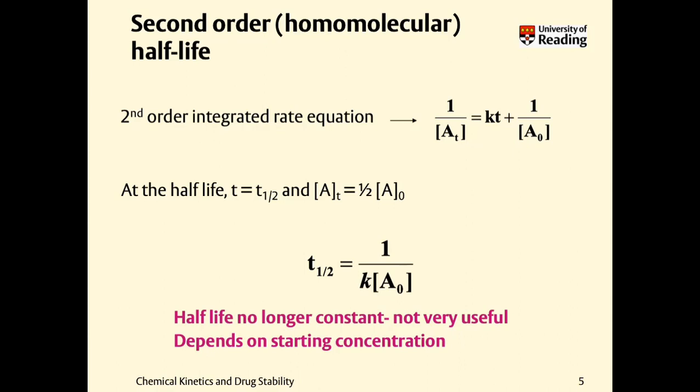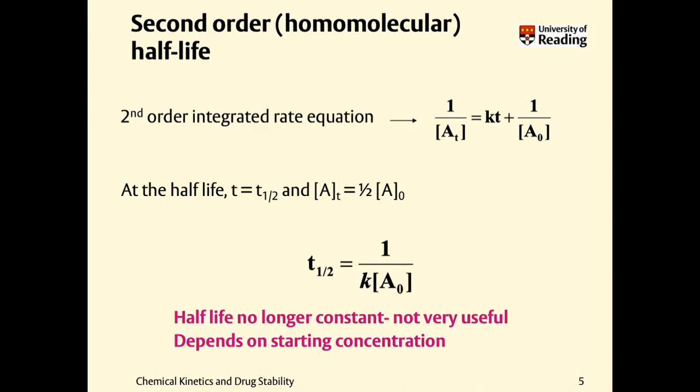If you take this equation and you say that at the half-life, where t equals t to the t half, just meaning half-life, then the concentration will equal half the initial concentration. And if you put that into this equation, it will simplify to the half-life, which is t to the half, equaling 1 over k times the initial concentration.